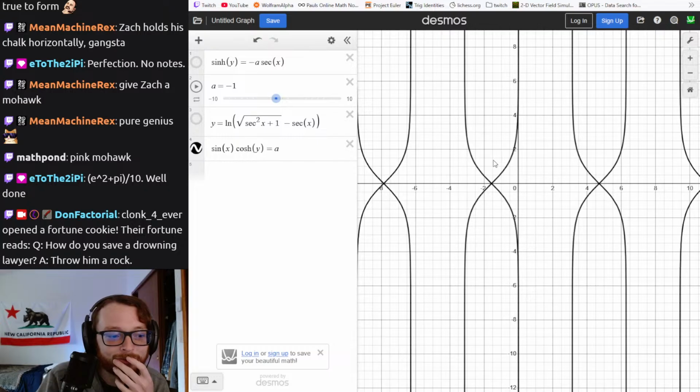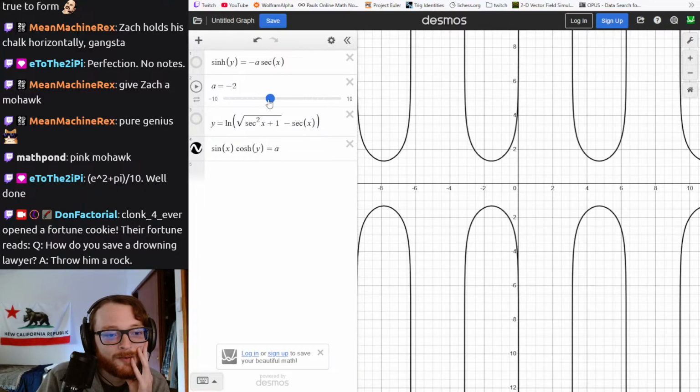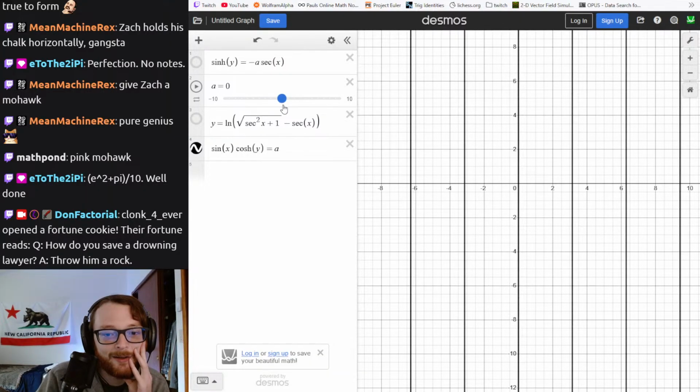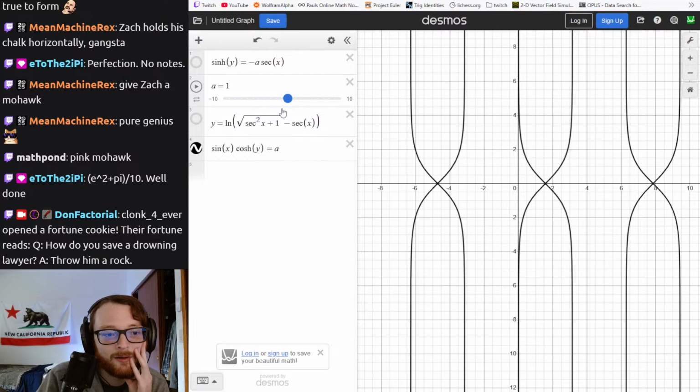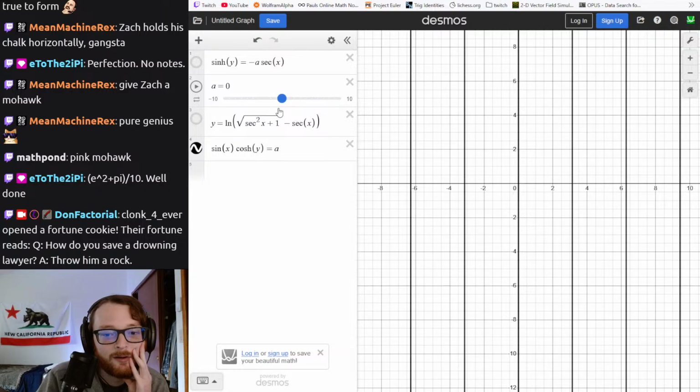Why does it do this when sine x cos y equals -1? This doesn't happen for any other value of a. Oh, or also 1.